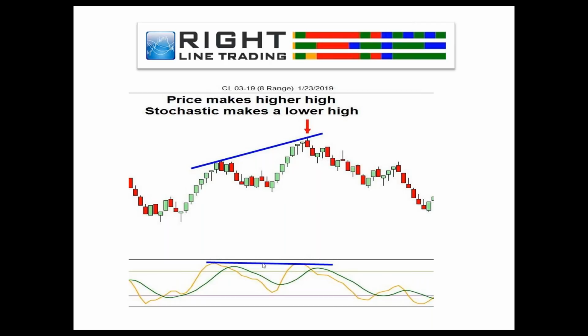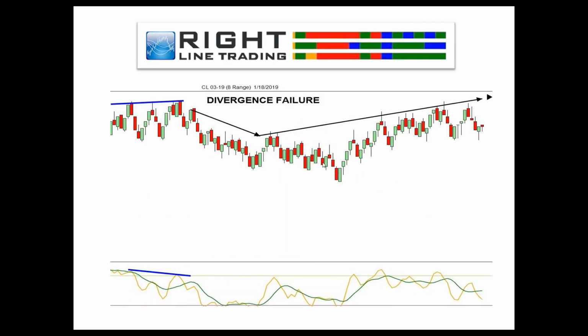When it simply accelerates up equally as fast, that also shows you that momentum is waning. And in this particular case, it was correct. It was the harbinger of a complete collapse in price. And that's a divergence failure that I created.